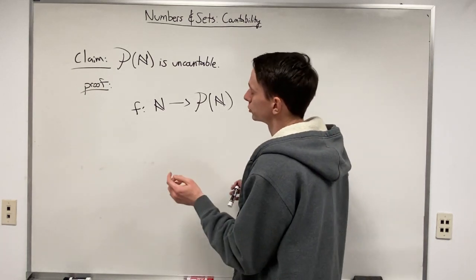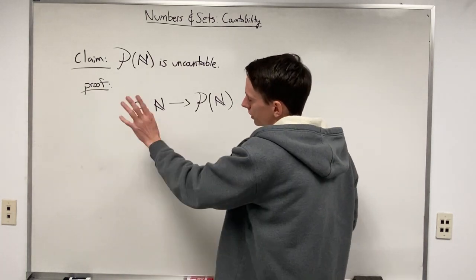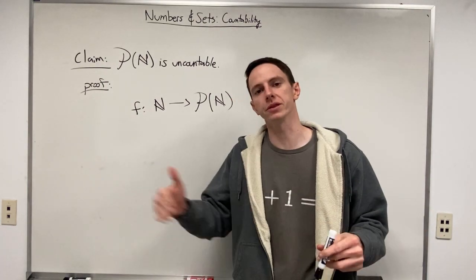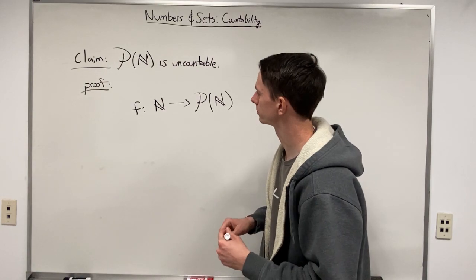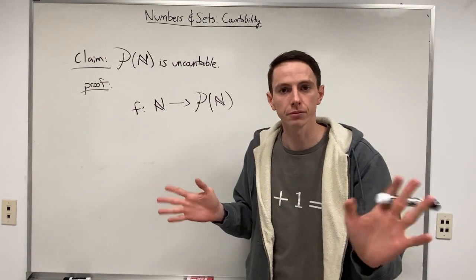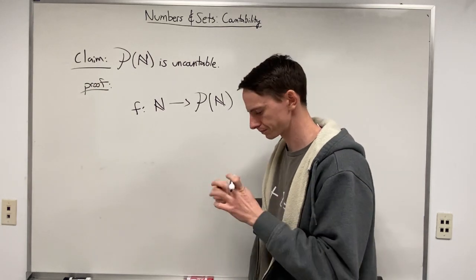Well, what we can first do is say that f is going to be an arbitrary function, so that every statement that we are making is going to be true for any function that we're looking at.